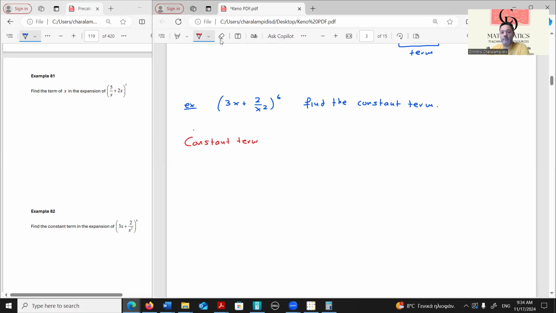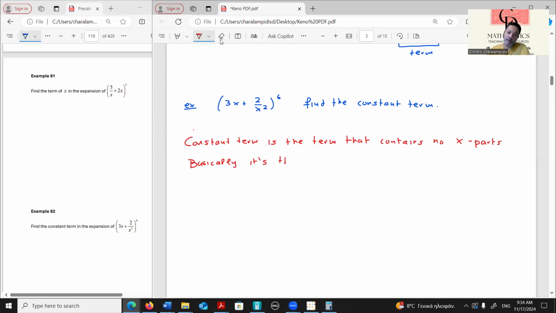Constant term is the term that contains no x parts. Basically, by constant term, we mean the number.